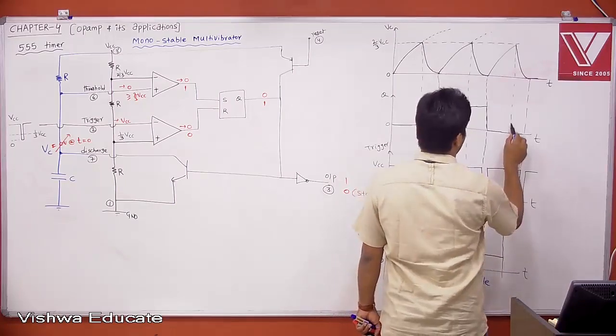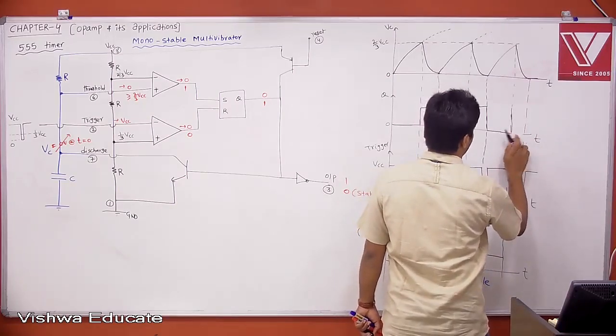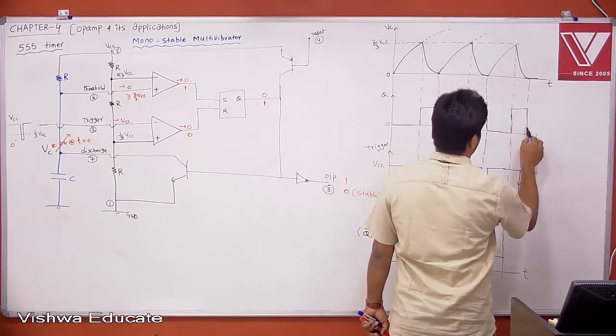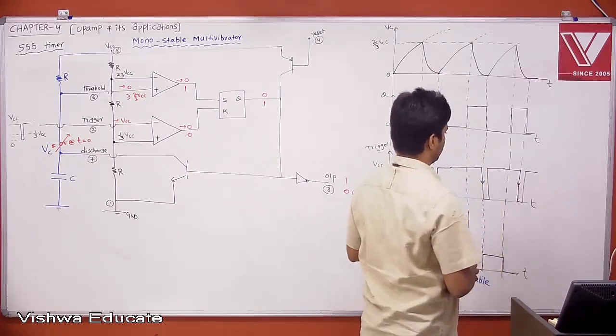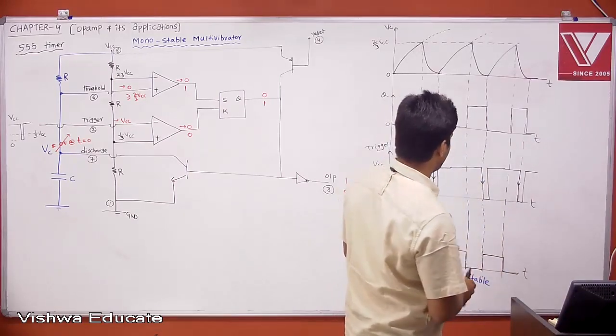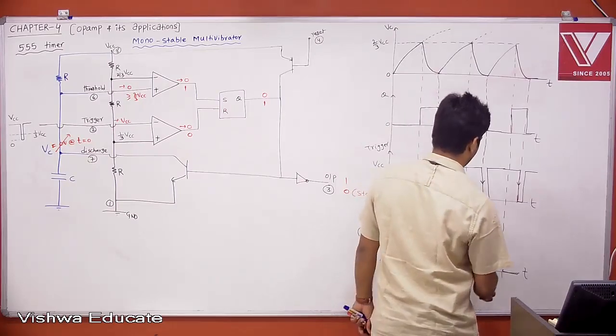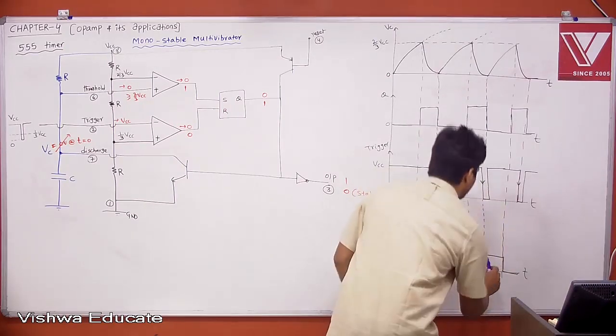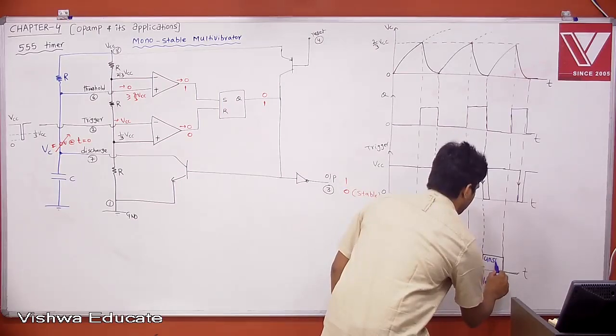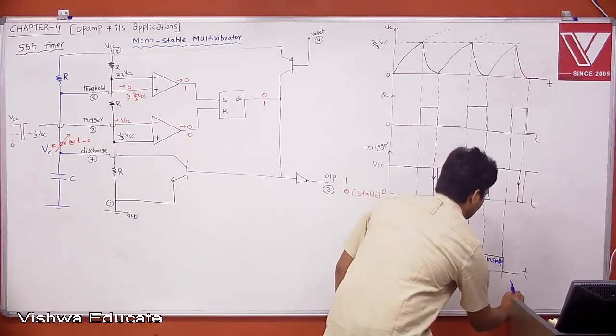Therefore, it will be 1 and it will be 0. Whenever trigger applies, it will be unstable. This is unstable. It will enter into stable state.